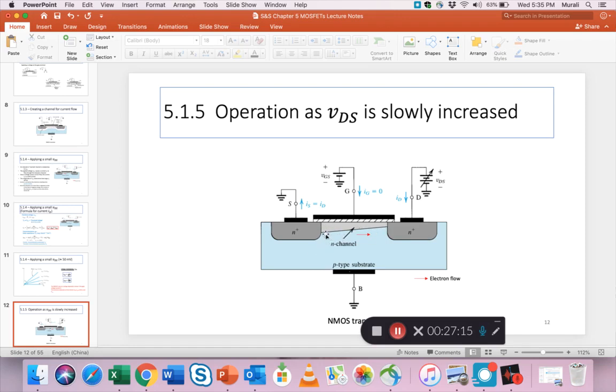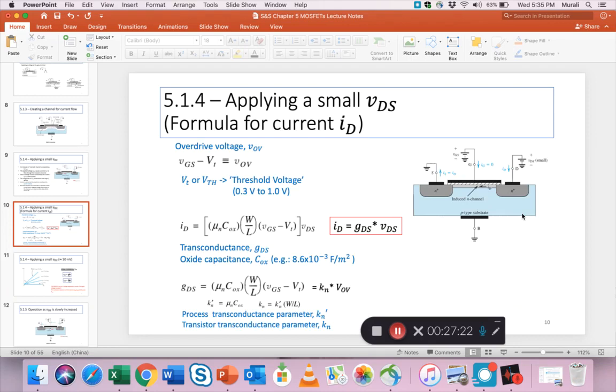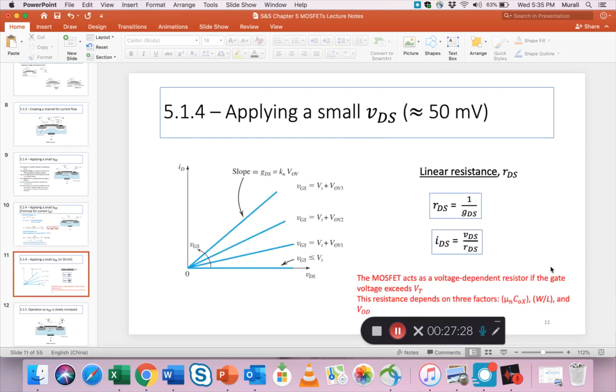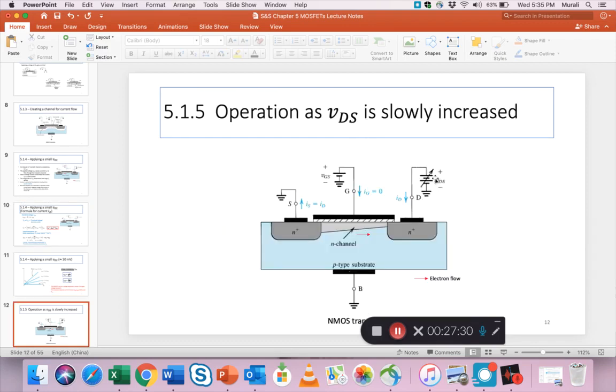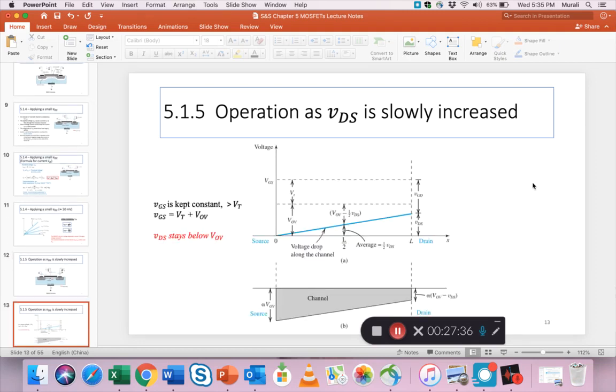It's starting to become more triangular rather than rectangular as it was previously. That channel, as you increase this voltage, is starting to take the shape of a triangular form. Okay, so as VDS is slowly increased, now things again start to become interesting.